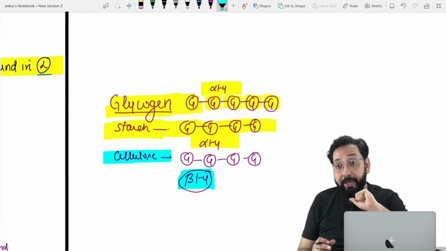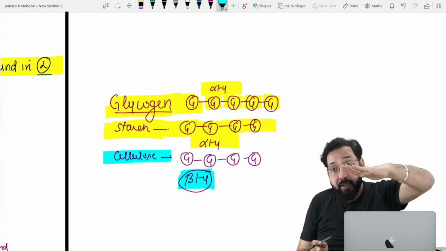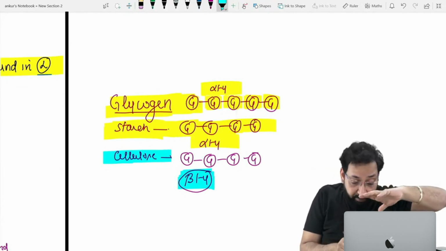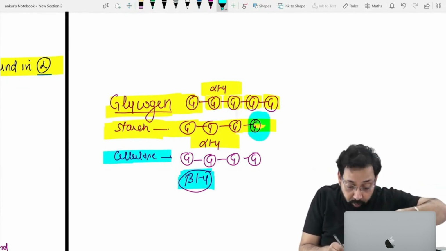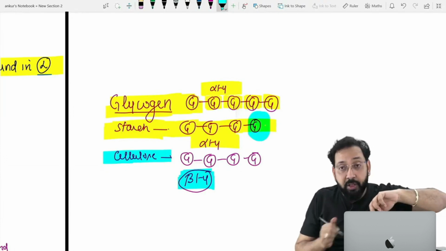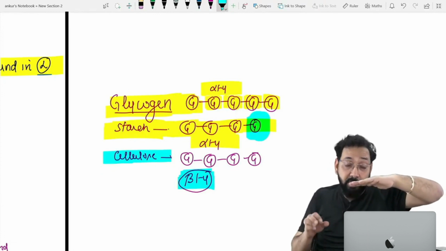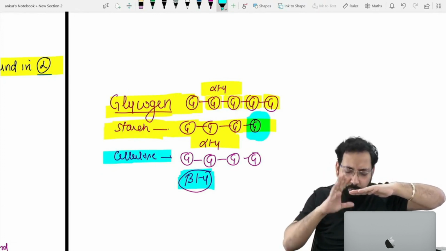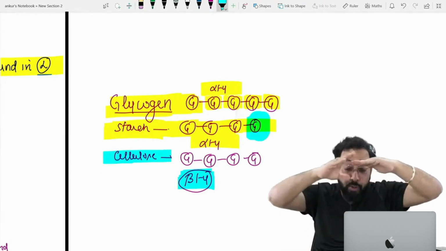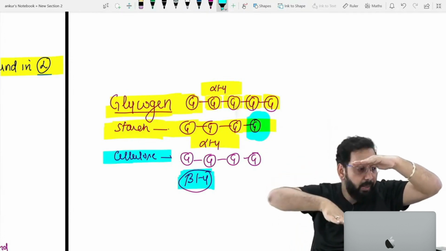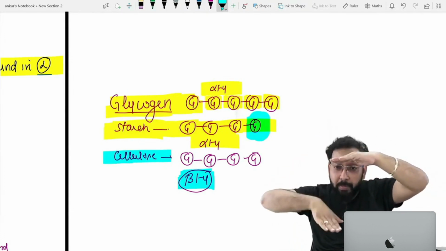Now look at me. This is glucose. If I take one molecule of glucose from starch, in this glucose you will find OH is below the plane.